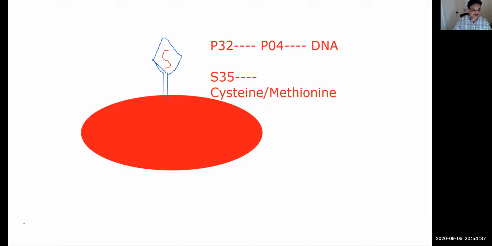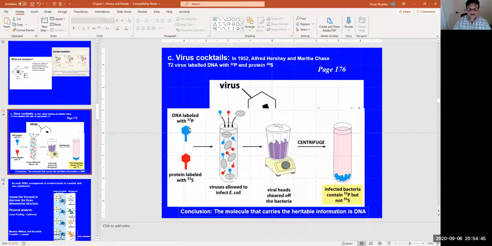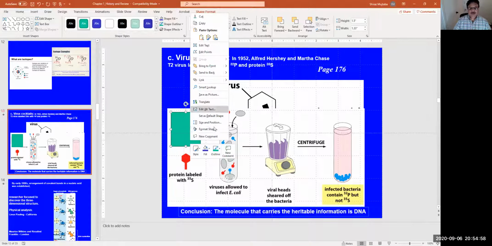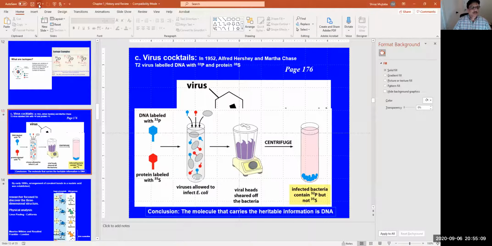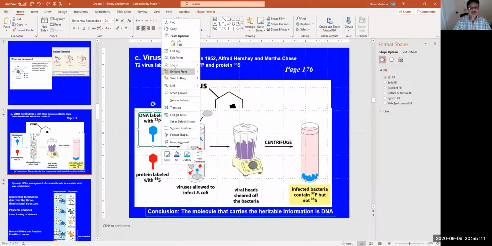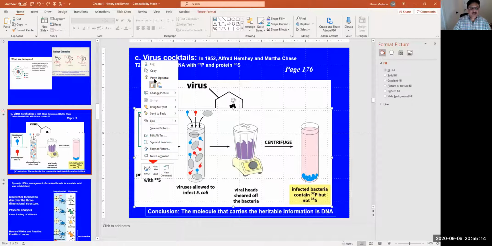So what scientists did, they took two types of bacteriophages. One labeled with P32, and the second labeled with S35.